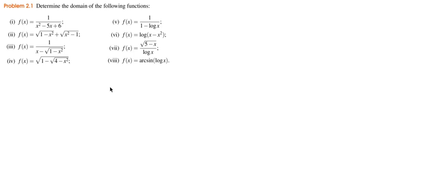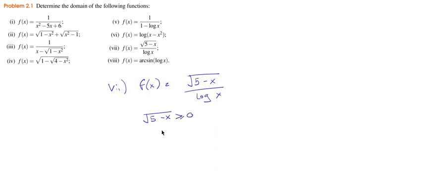Now let's do 7. f of x is the square root of 5 minus x over the logarithm of x. Okay, so now we have 3 conditions, okay. First, because of the square root, this thing has to be greater or equal than 0. Then x has to be greater than 0 because of the logarithm, and the logarithm of x has to be different than 0, okay.